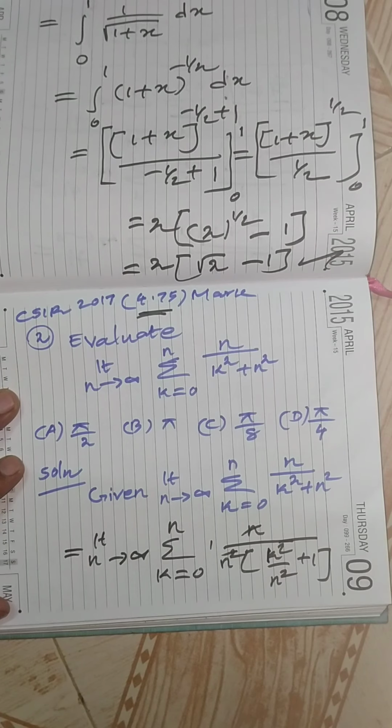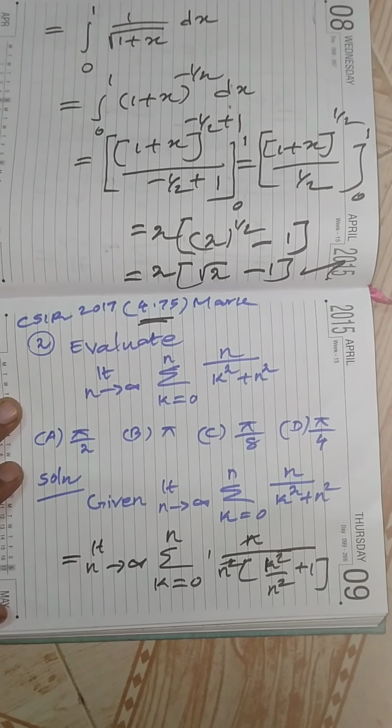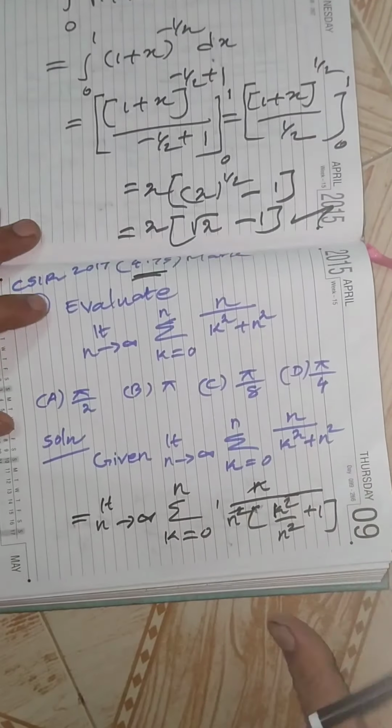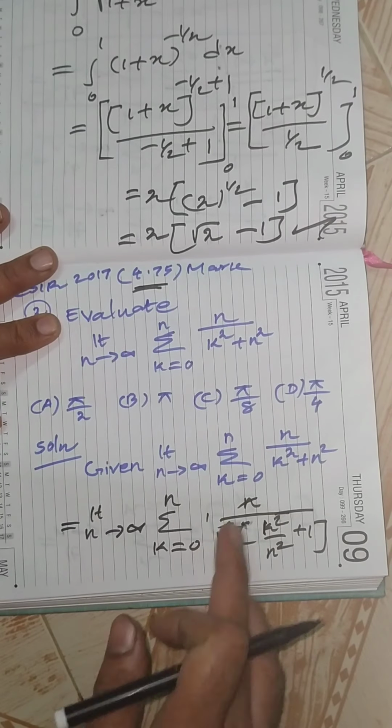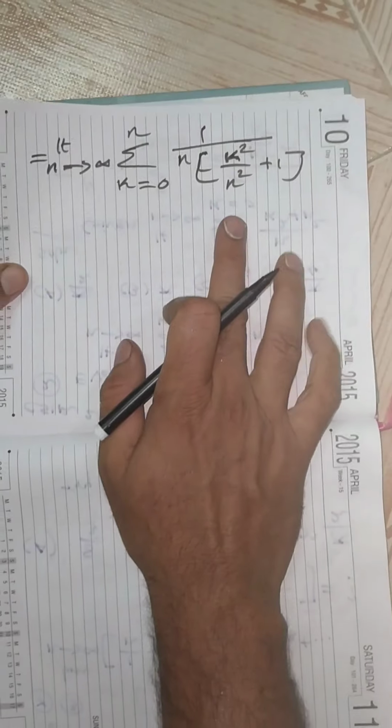Is it right? So I take this step in the next page. Just I take this step. n square gets cancelled. So remaining I write like this.